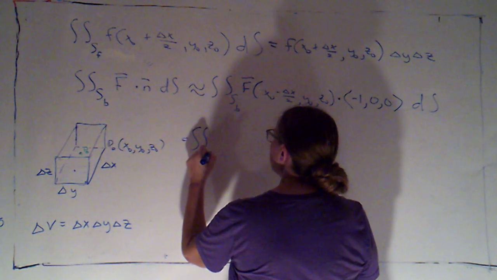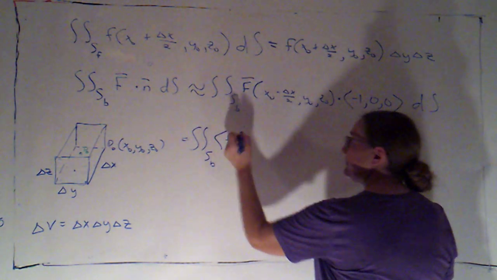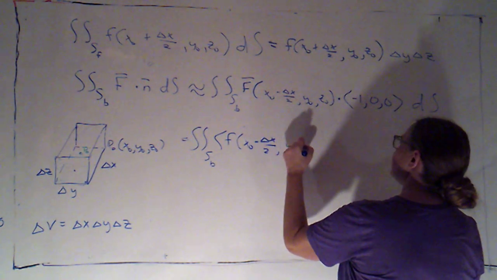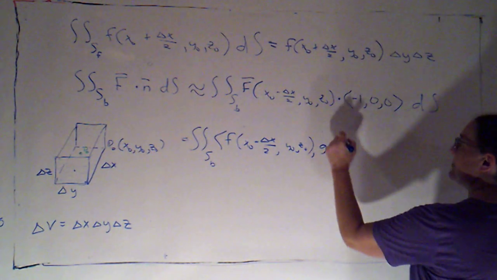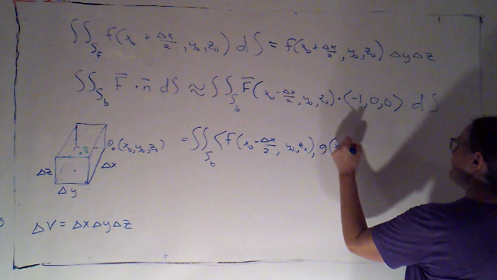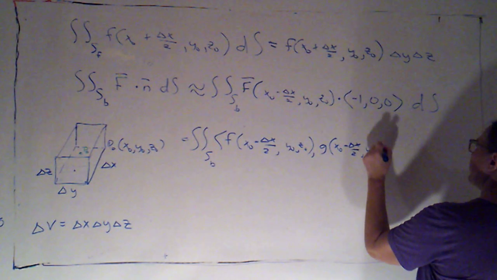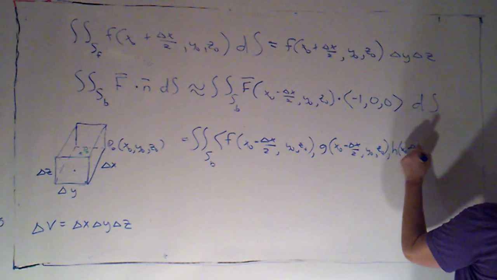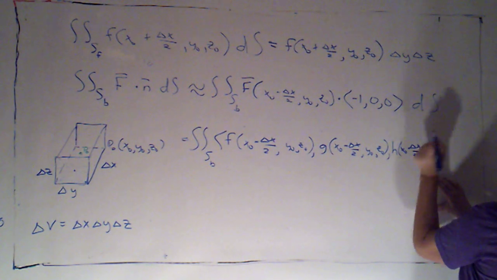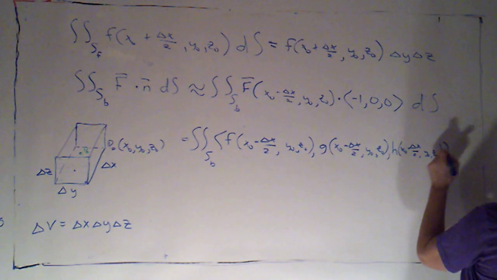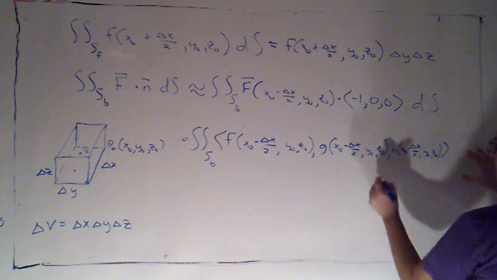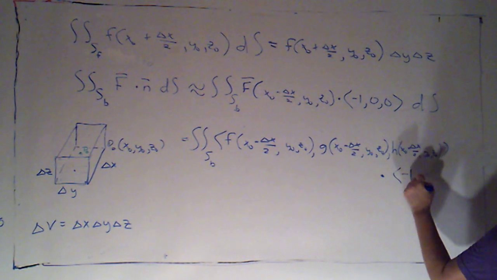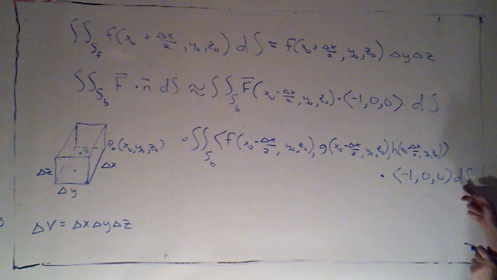So this right here would be f, the first component, evaluated at x naught minus delta x over 2, y naught, z naught, comma, g, the second component function, evaluated at this point, comma, h, evaluated at x naught minus delta x over 2, y naught, z naught. Oh my goodness, I'm running out of space, so I'll continue this down here, dotted with negative 1, 0, 0, and then integrating dS.